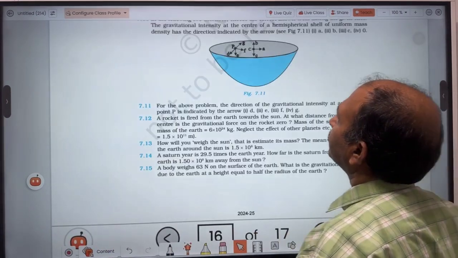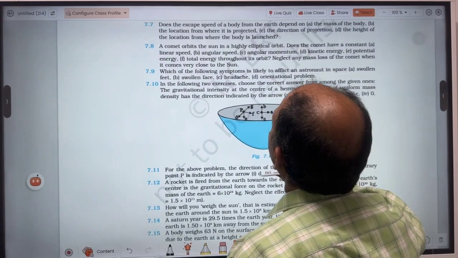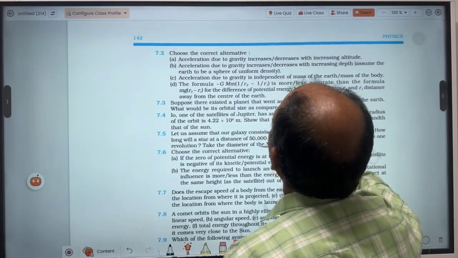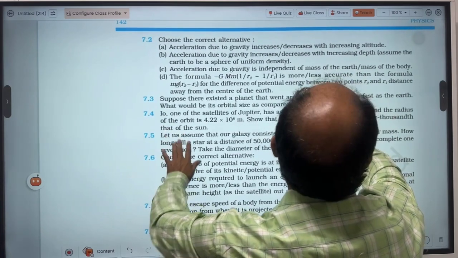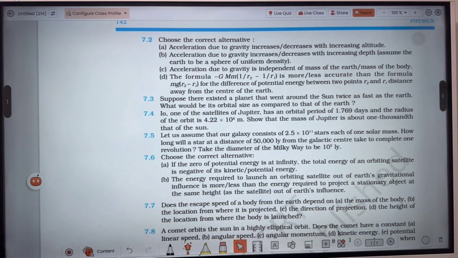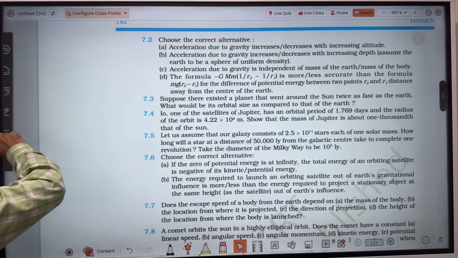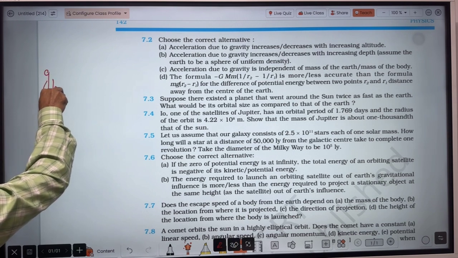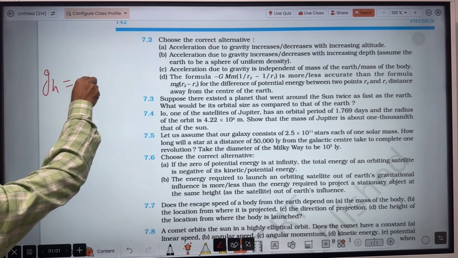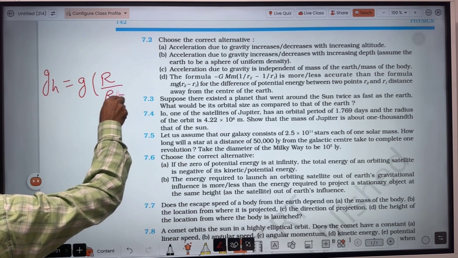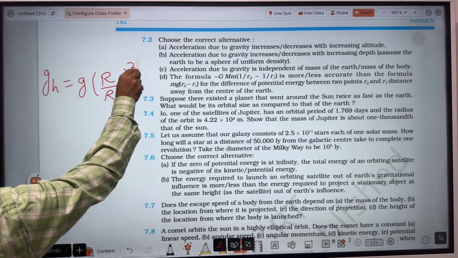Next point. Choose the correct alternative. Acceleration due to gravity increases or decreases with increasing altitude. If you remember, I told you the formula for gh: gh equals g times R divided by R plus h whole square.